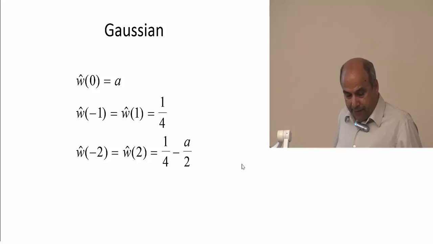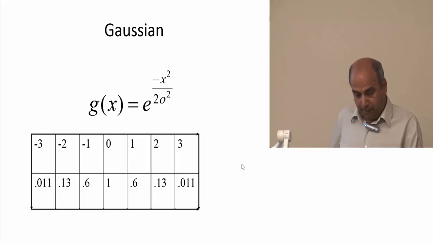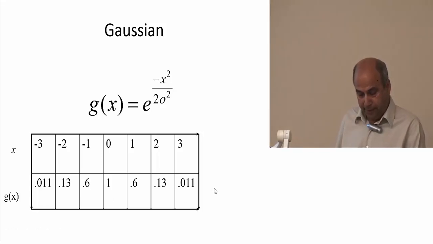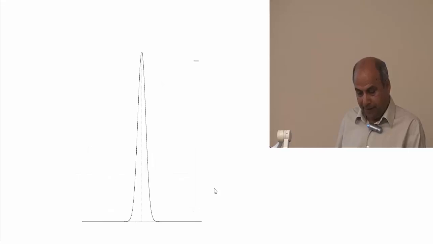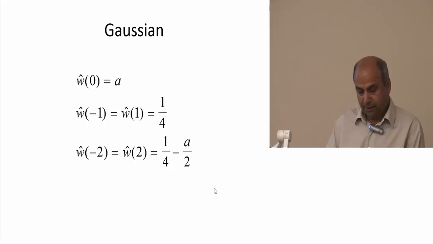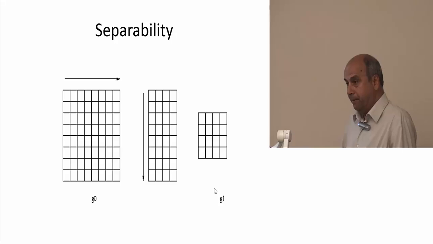You can look at the Gaussian as a function as we have been talking about. Then you can take different values of x, and plot them. It looks like that, similar to this one, and it is separable.